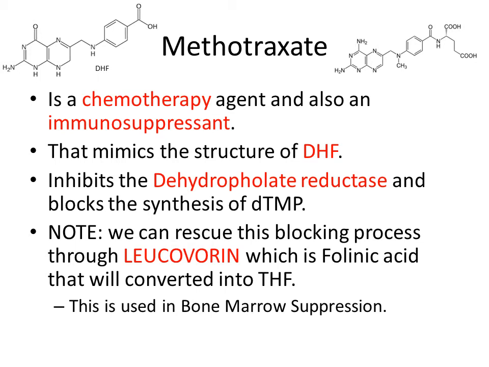You can see the structure of methotrexate on your right and the structure of DHF on your left. That will also inhibit the dihydrofolate reductase activity and block the synthesis of dTMP, because dihydrofolate reductase converts folate into tetrahydrofolate, and that tetrahydrofolate will convert into N5,N10-methylenetetrahydrofolate, and that will contribute itself into making of thymidine.